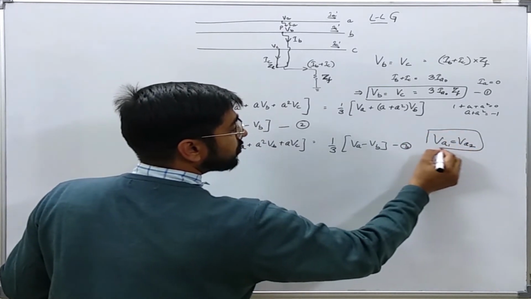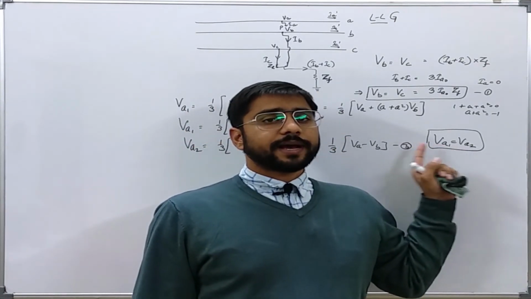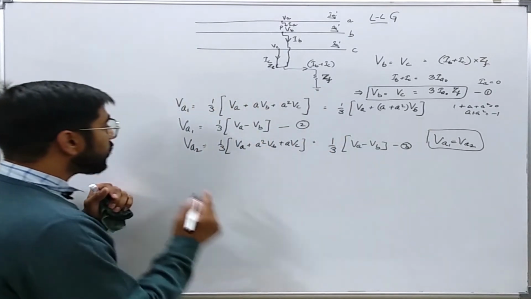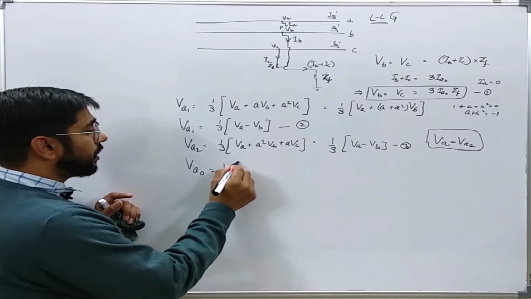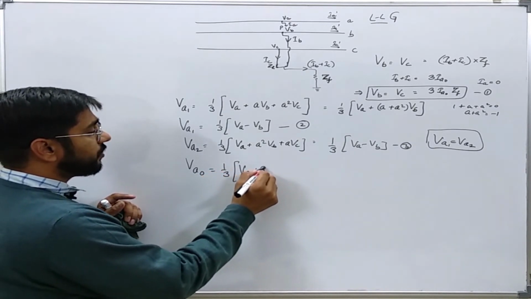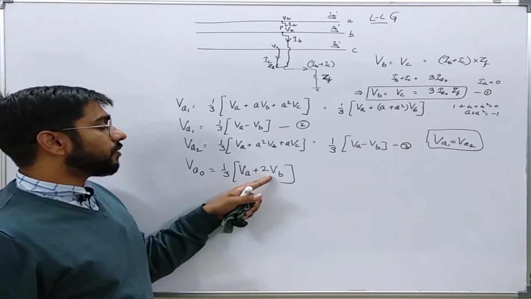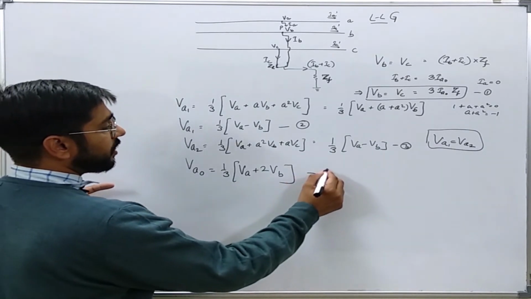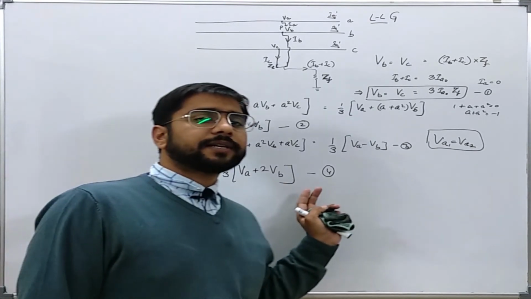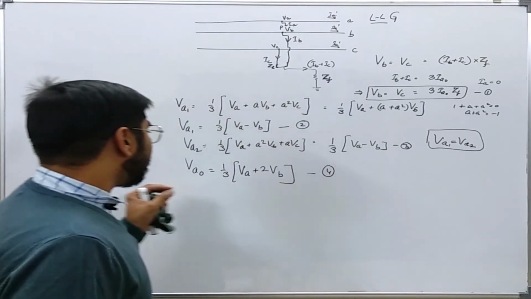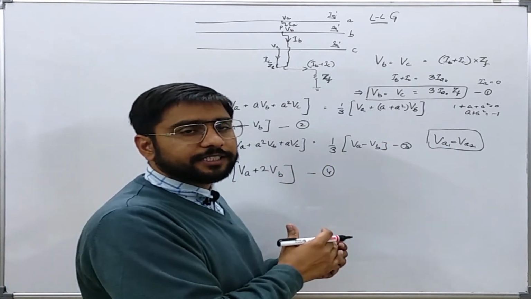So now we have got an idea that the positive sequence and the negative sequence networks will be connected in parallel. Okay. Now let us see what is the value of VA0. 1 by 3 (VA plus twice of VB), because VB is equal to VC, so VB plus VC is equal to twice of VB. Let us say this is equation number 4. Now this equation is not giving us any hint, so let us see, is there any difference between this voltage and this voltage? Is there any relation existing between them?